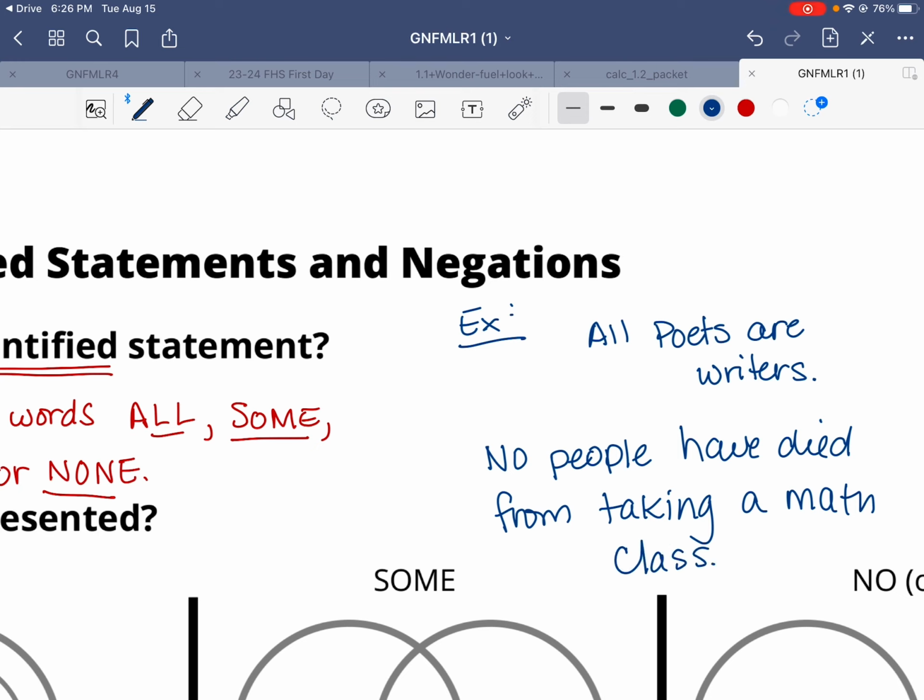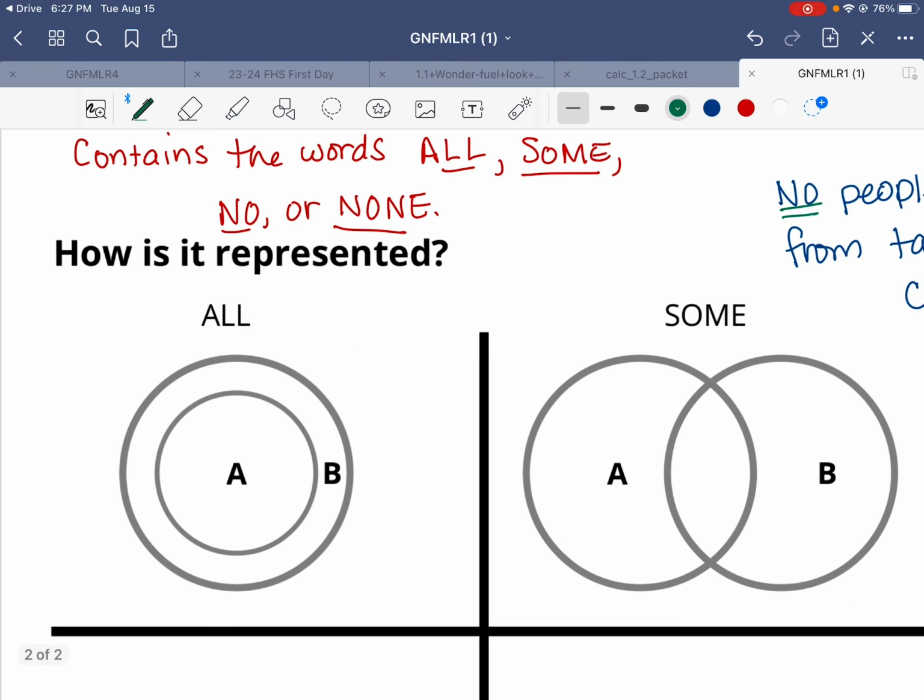Okay, and if you need to, go ahead and pause it there so you've got the information. So those are some examples. And what I like to do is to underline. So there's my quantifier and here's my quantifier. So I'm looking for those words in particular because once I have those words, it really determines what I do with it. So let's look at it from a graphic standpoint of what that means.